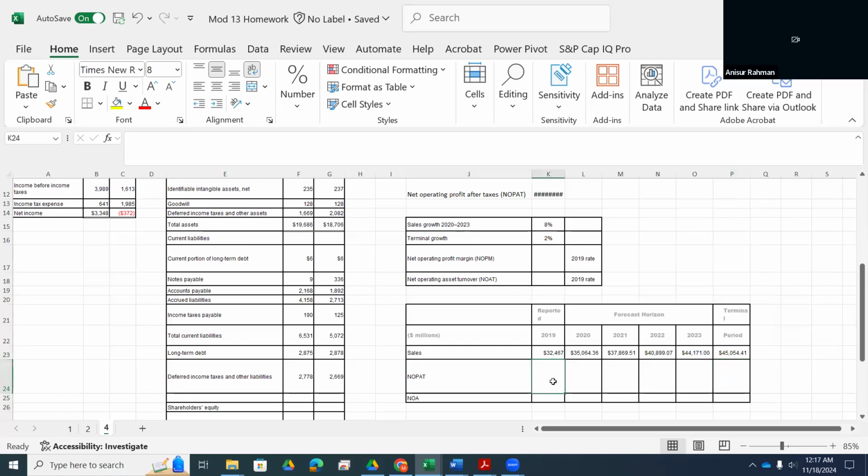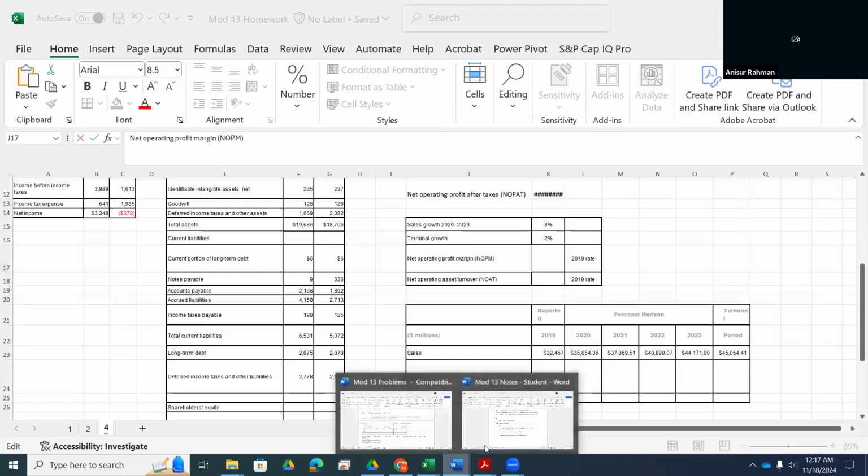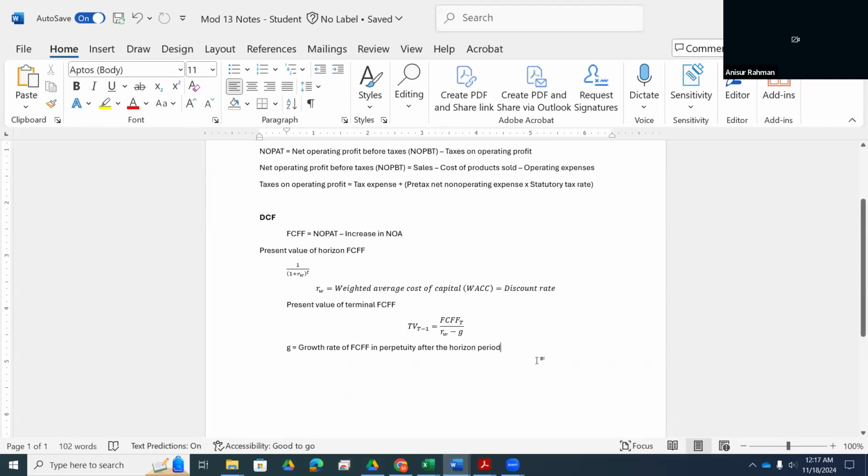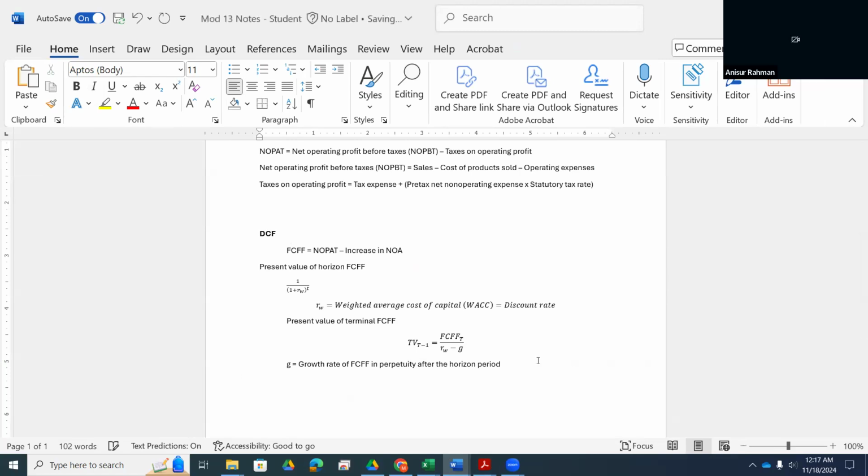How can you find NOPAT? You can use NOPM, net operating profit margin, which, from chapter 3, module 3, is equal to your NOPAT divided by sales.